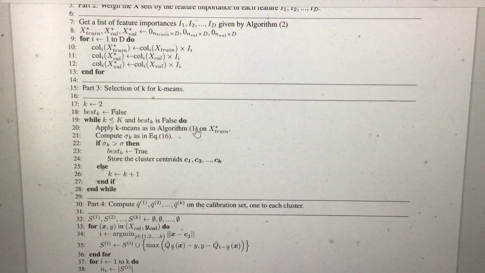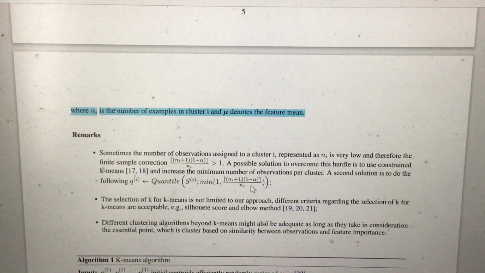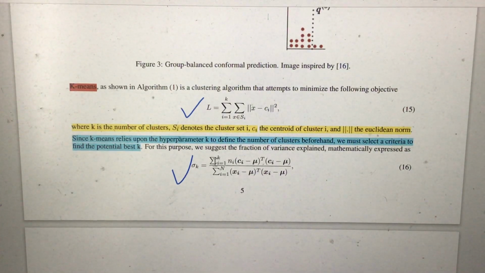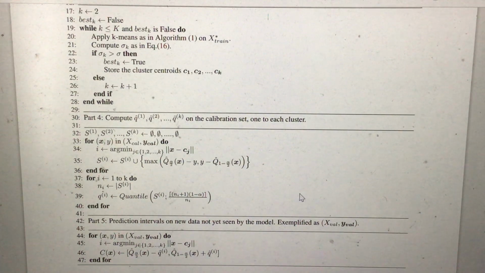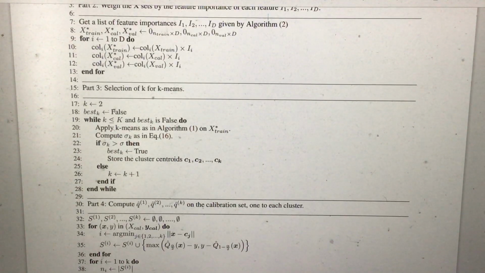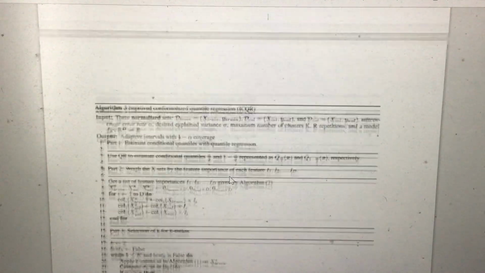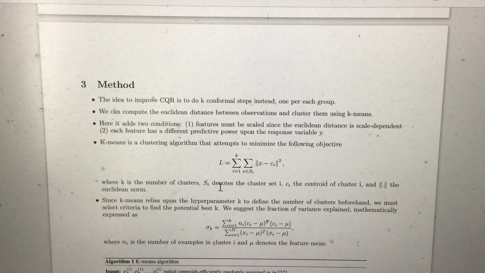on the X star training, and we compute this sigma K. This sigma K is here, I just showed you before. Sigma K here.